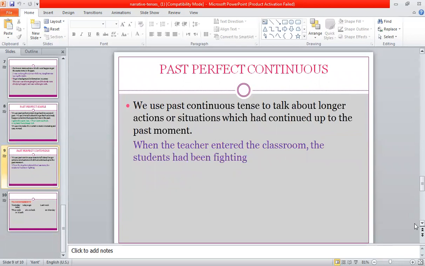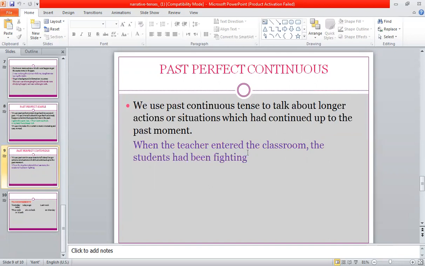Next, past perfect continuous. Past perfect, so something happened in the past, but continuous, so something continued in the past and took duration. We use past perfect continuous to talk about longer actions or situations which had continued up to a past moment.